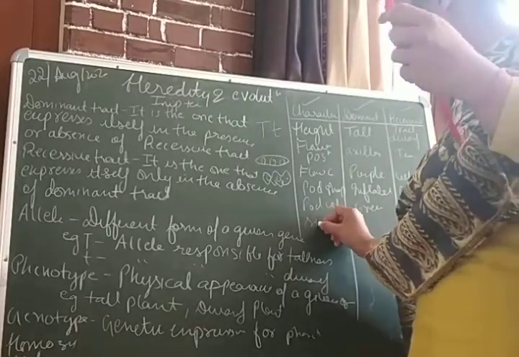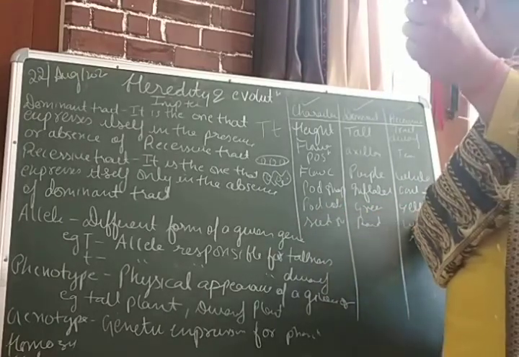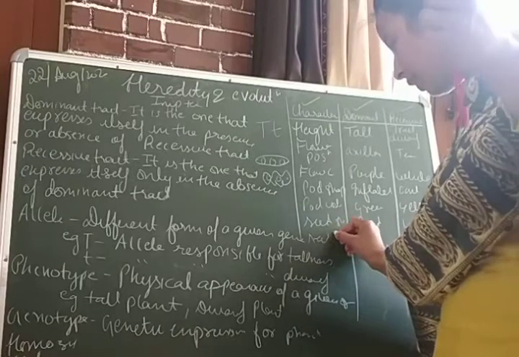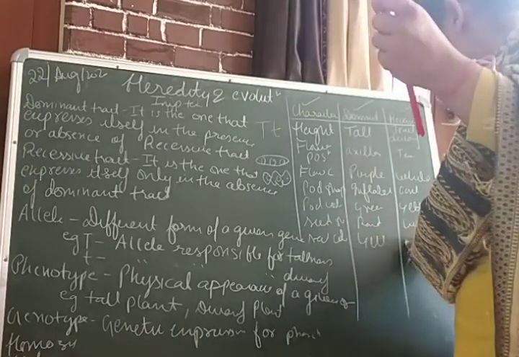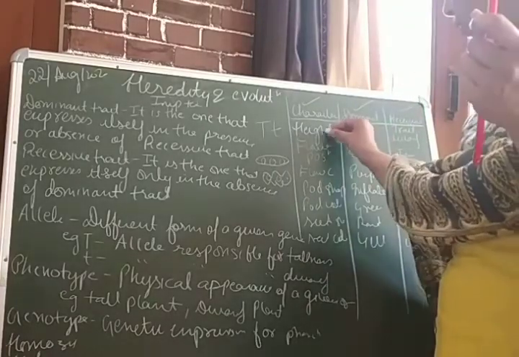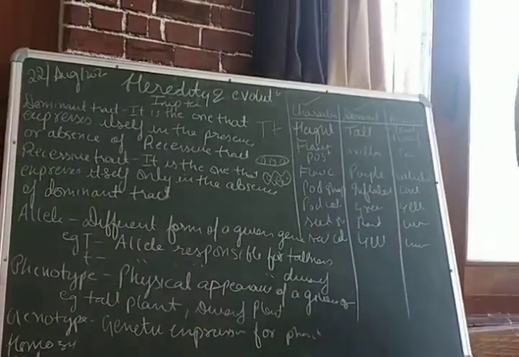Then your seed shape, round or wrinkled. Then your seed color, yellow or green. Count: 1, 2, 3, 4, 5, 6, 7. So 7 characters he chose.